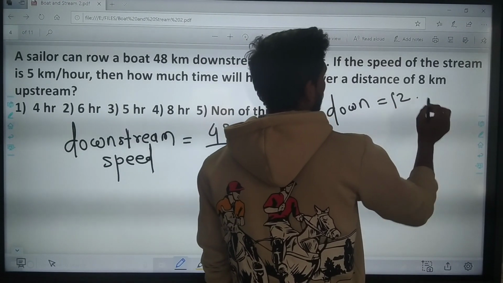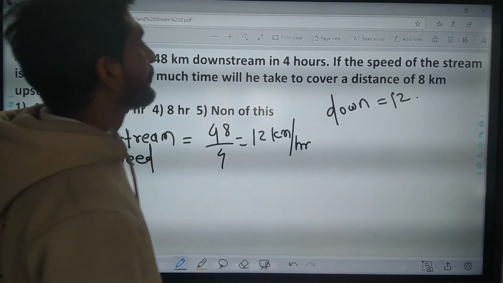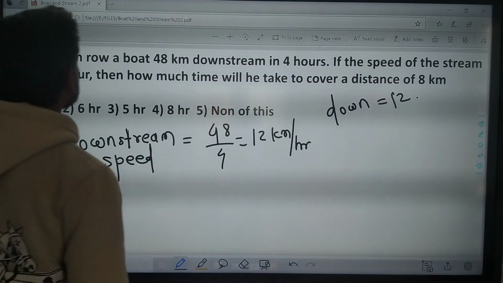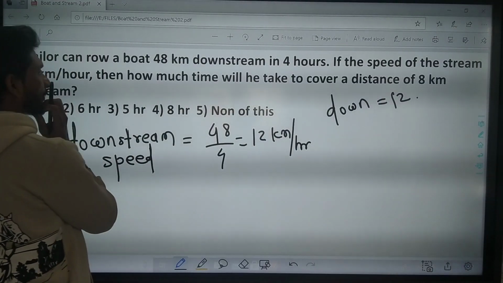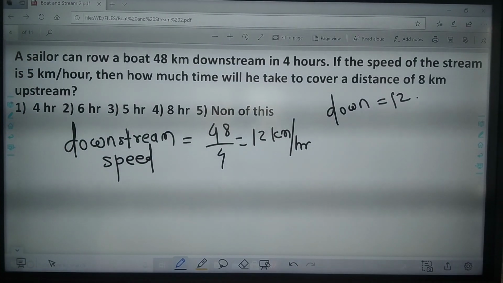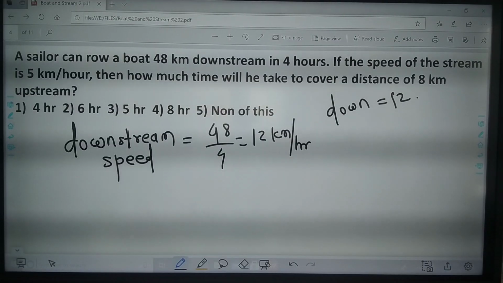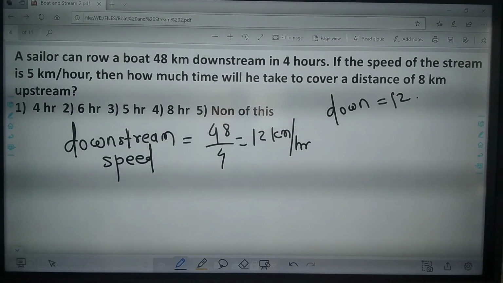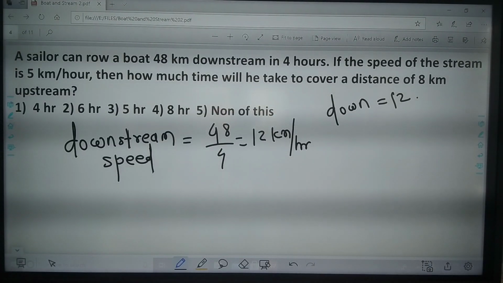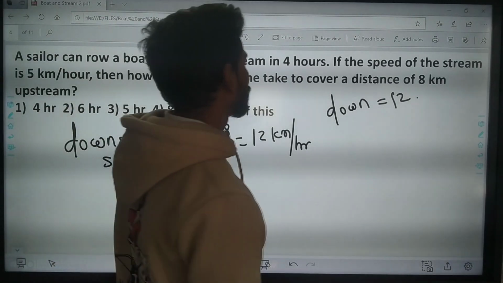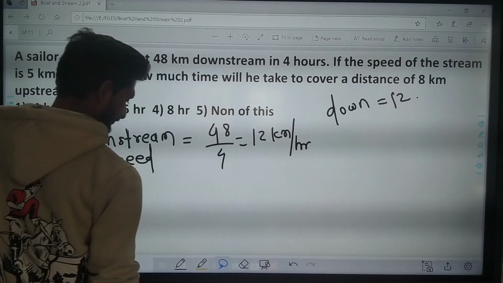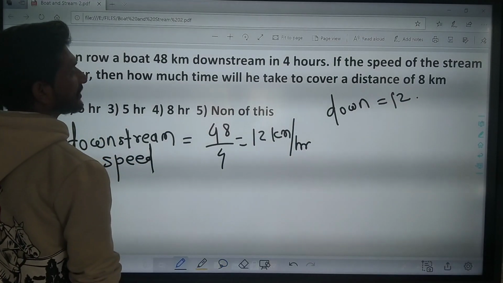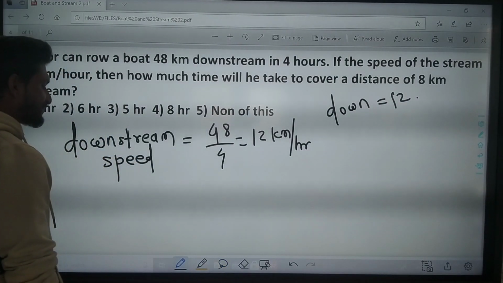If the speed of the stream is 5 km per hour, then how much time will he take to cover a distance of 8 km upstream? Now here we find the upstream speed.